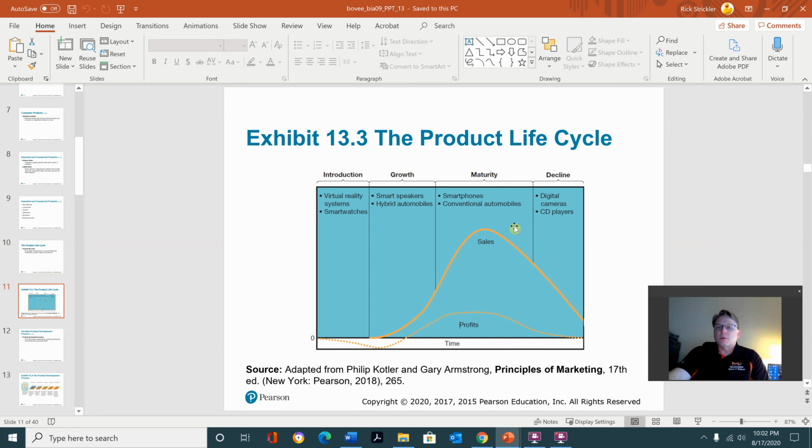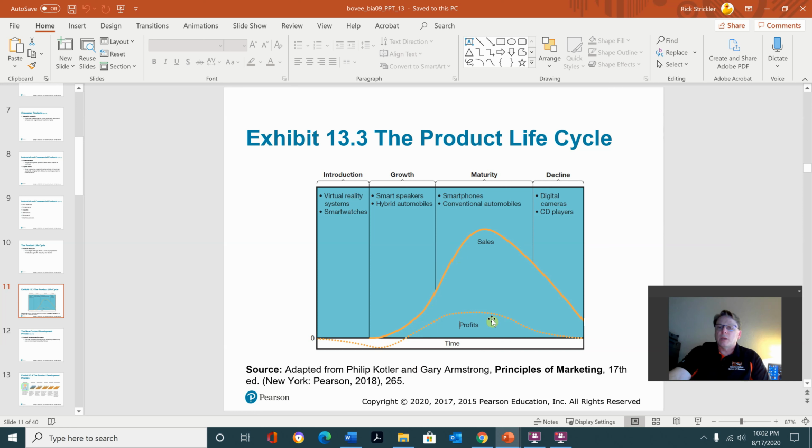And there's the actual diagram of the product life cycle. So this would be your typical one, where you have an introduction, and then growth, and then it peaks, and then declines. Okay? This is your total sales, your revenue from the product, here are your profits, and in between profits and sales are your expenses.